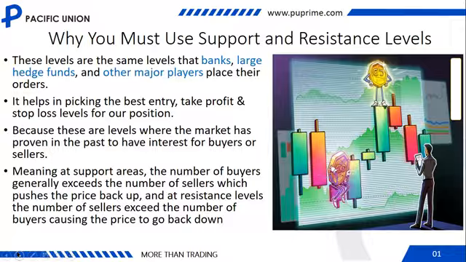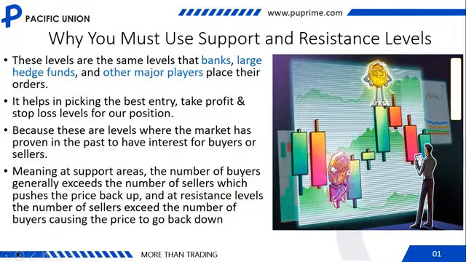Because these are levels where the market has proven in the past to have interest from buyers or sellers. At the support areas, the number of buyers generally exceeds the number of sellers. When trading support and resistance, support is the buyers' region, so the number of buyers in the support region is more than the number of sellers, which will drive the price back up.